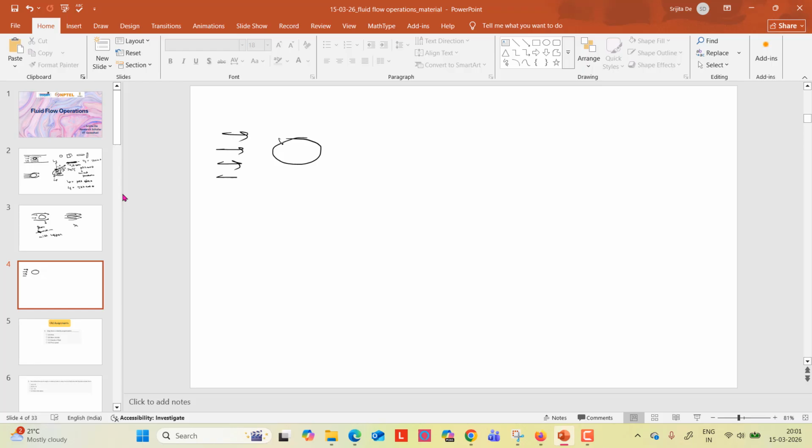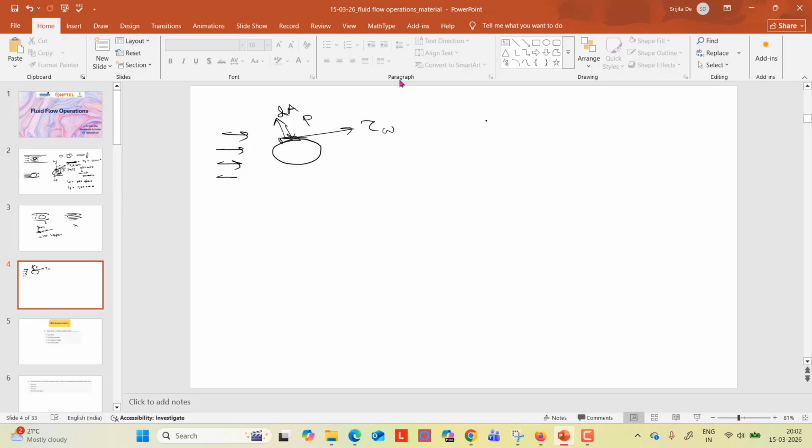If we consider this area dA, this is the area direction, and this is the P direction. That is, the pressure is working in this way and the stress is working in this way.